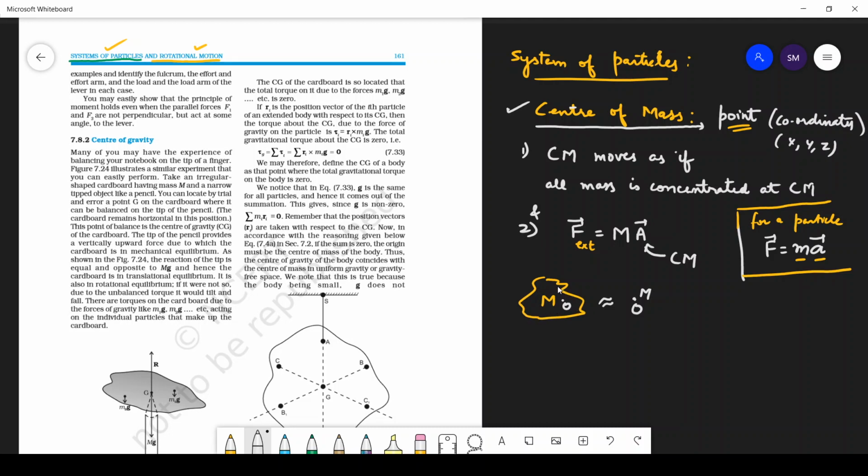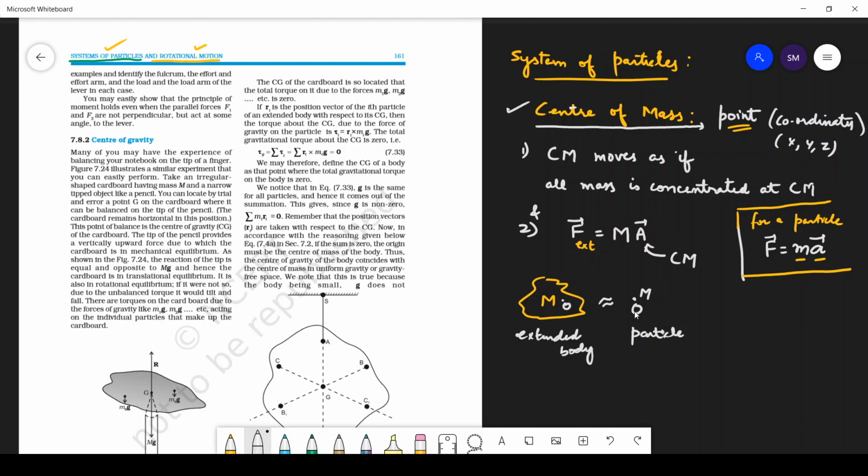So this extended body with mass m and has the center of mass O, you can assume that this body is equivalent to this point mass. This extended body, system of particles, is equivalent to this particle. So O is the position of the particle and m is the mass of the particle. So this is equivalent to this.